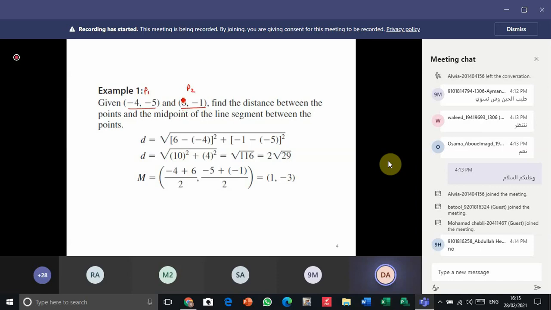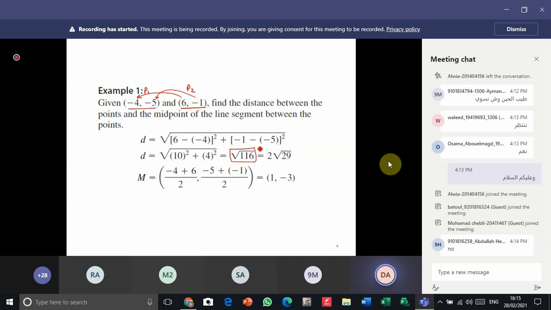We put x2 minus x1, so we have 6 minus negative 4, this is equal 10. 10 squared, we have 100, and y2 minus y1, so we have negative 1 minus negative 5, so we have negative 1 plus 5, so we have 4. 4 squared equals 16, plus 100, so we have this one.